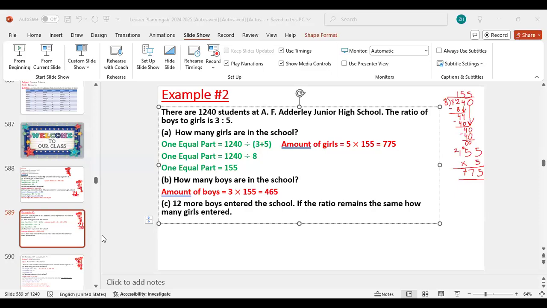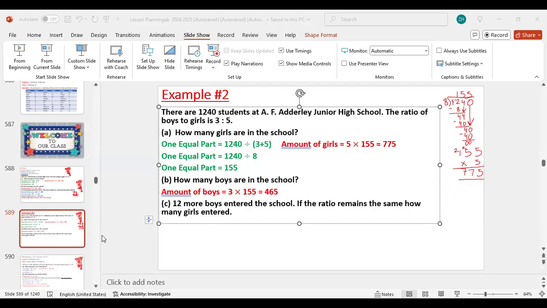Interesting. So everybody is just following what everyone did? My answer was in the chat for a long time. I got 775. Okay, someone is saying that they got 775.